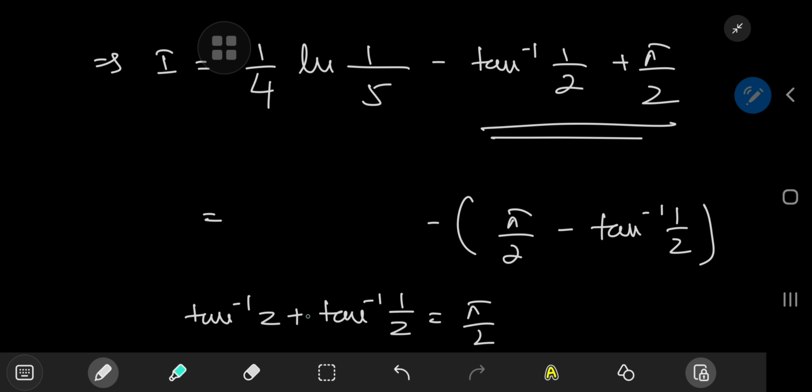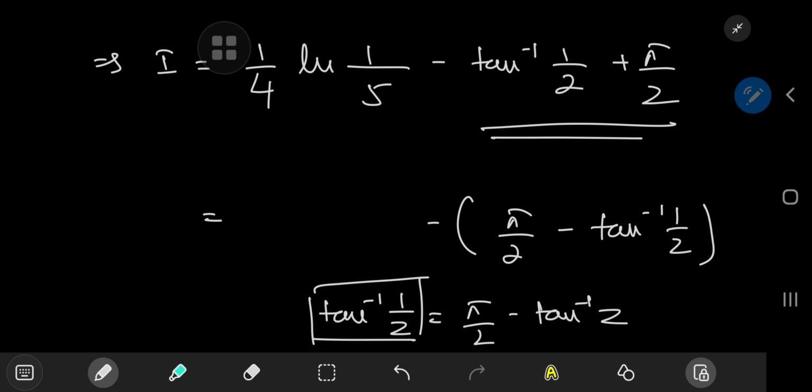So this implies that the inverse tangent of 1 by z equals pi by 2 minus the inverse tangent of z. So just substituting z equals 1/2, we get the inverse tangent of the reciprocal of 1/2, which is, of course, the inverse tangent of 2.